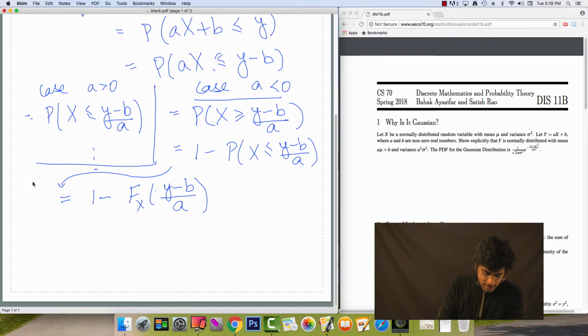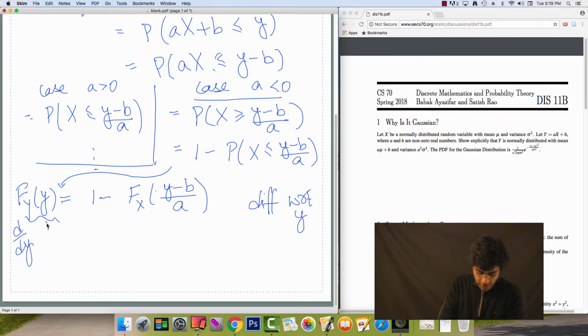OK, well, this is the CDF of Y. But this didn't help me too much because I don't know an explicit formula on the right side. However, I can differentiate both sides with respect to y. And you get that the derivative here of this thing is equal to the PDF of Y, again by definition.